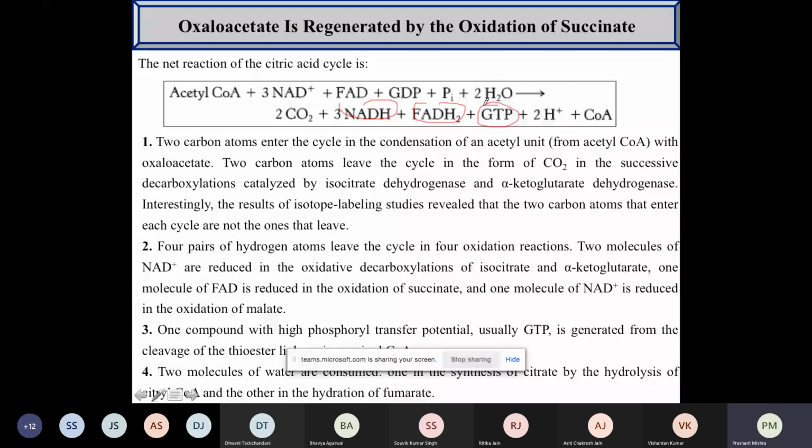Ultimately what you have seen here is that if I look at these reactions, molecular oxygen is not involved. Why is molecular oxygen involved in the continuation of this reaction? Because unless we convert this NADH and this FADH2 into NAD plus or FAD, this reaction will not continue. The citric acid cycle will block if I do not produce NAD plus or FAD here.